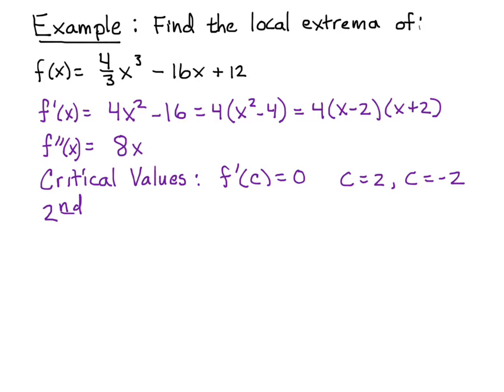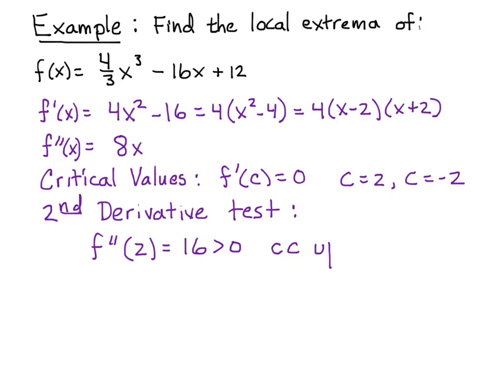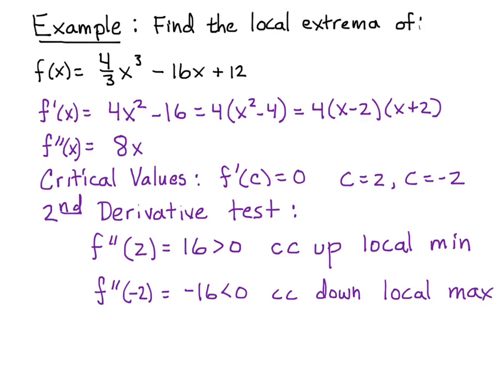And so what we do is we take those critical values and put them in the second derivative, and we see f double prime at 2 is 16, so that means we have a local minimum there. It's positive, so it's concave up. That means it's a local minimum. And then if we evaluate the other one, we get negative 16, which of course is negative, and so that suggests that it's concave down, and so we have a local maximum.